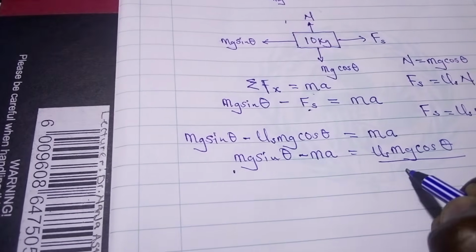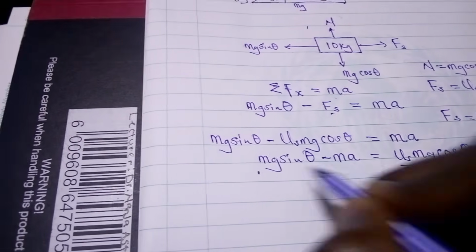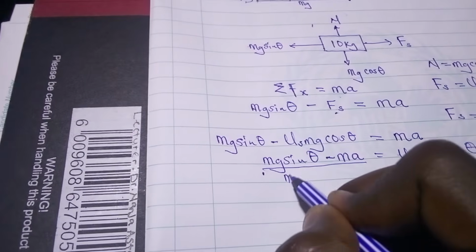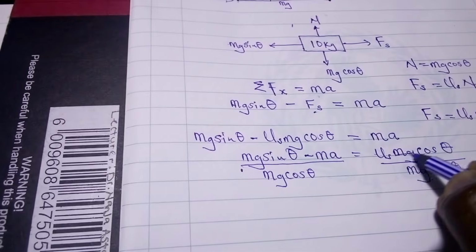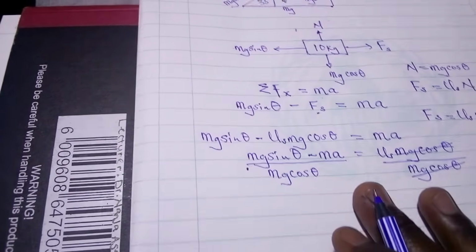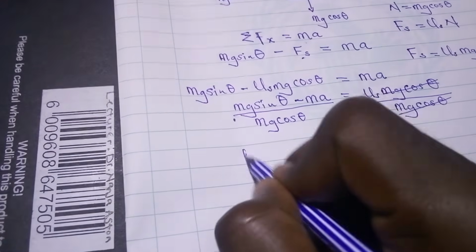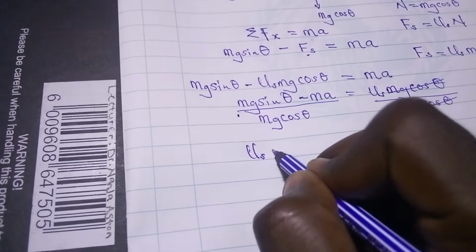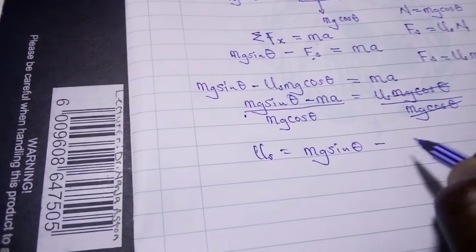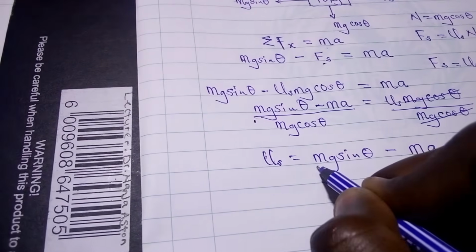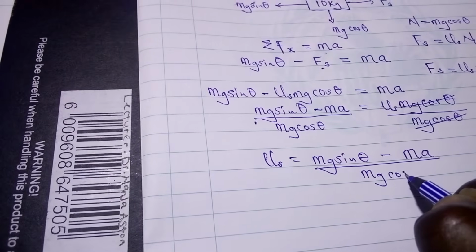Divide both sides by mg cos theta, since you want to find the coefficient of static friction. So the coefficient of static friction is equal to mg sin theta minus ma over mg cos theta.